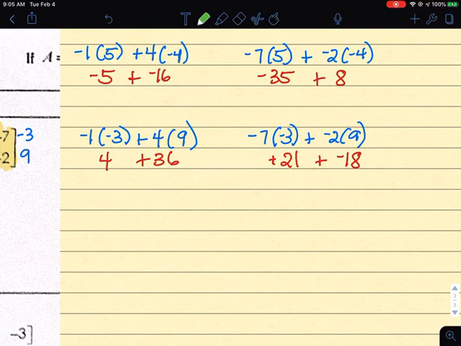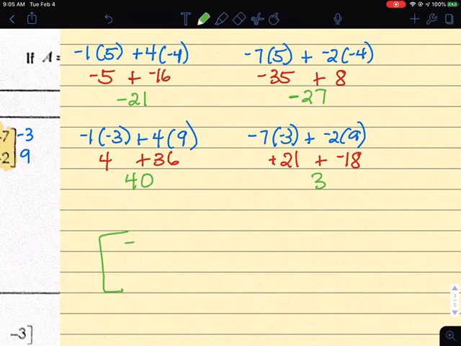Finish your simplifying and you get -21, -27, 40, and 3. So what you're going to do is take what I've got written in green. Those are your answers for each position in the matrix.